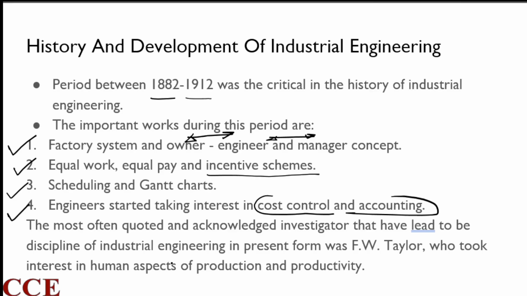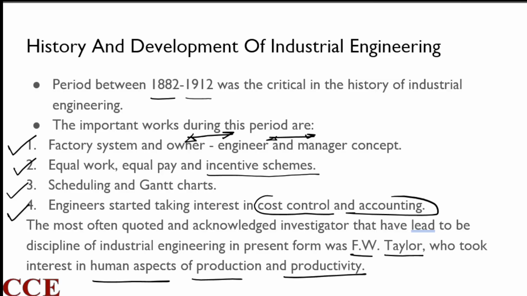The most often quoted and acknowledged investigator who led to the discipline of industrial engineering in its present form was F. W. Taylor. He took interest in the human aspects of production and productivity.